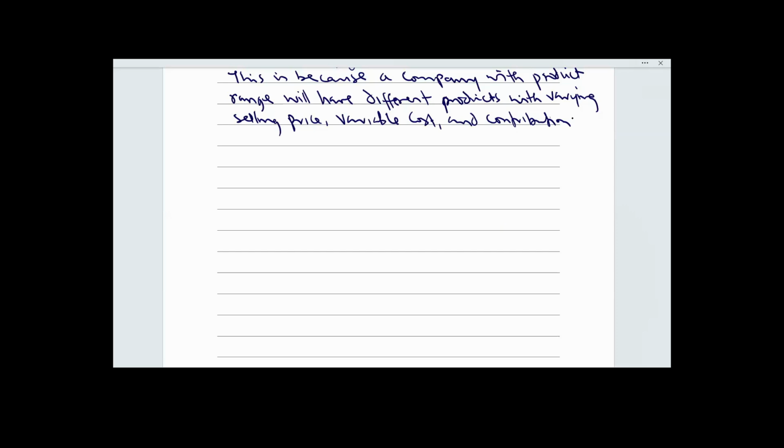So the procedure below, let me just put it this way, steps to calculate break-even point in units and sales for a multi-product organization.